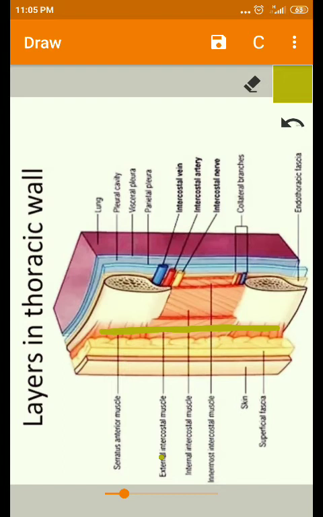Those muscles come under the extrinsic muscles. And also muscles of the abdomen are related. The muscles are rectus abdominis and external oblique muscles. We are still in the extrinsic muscle layer only.